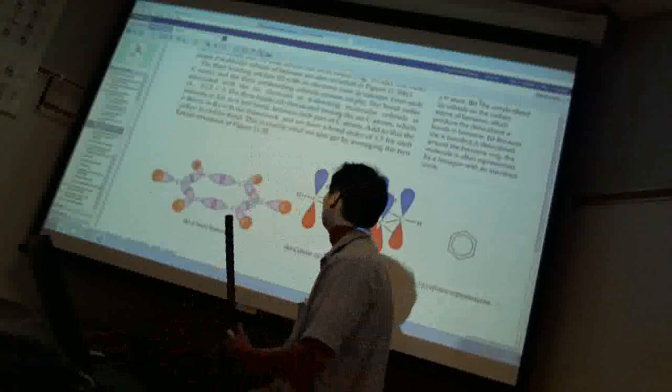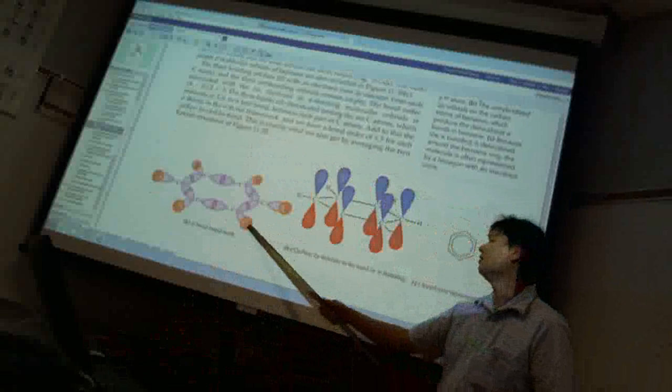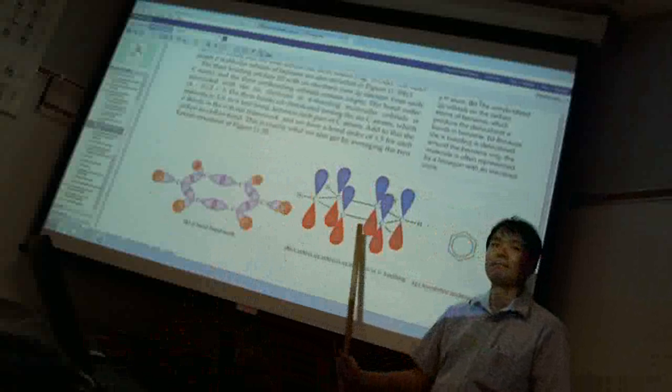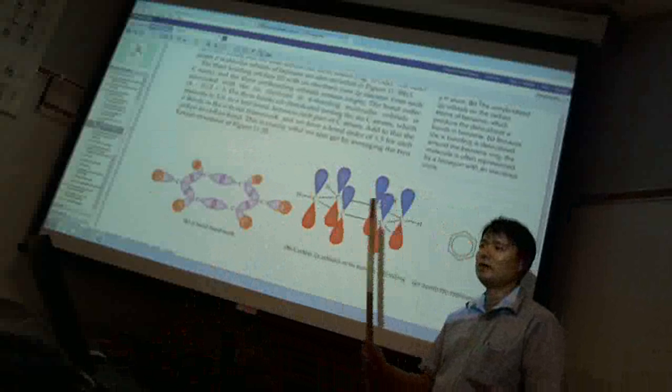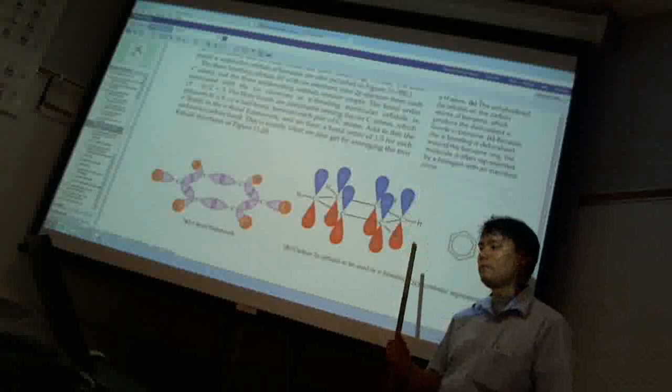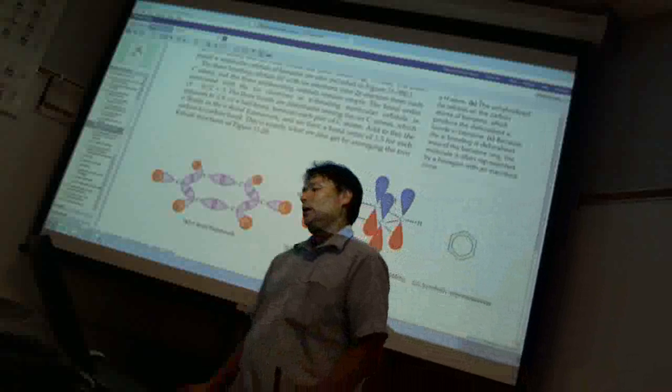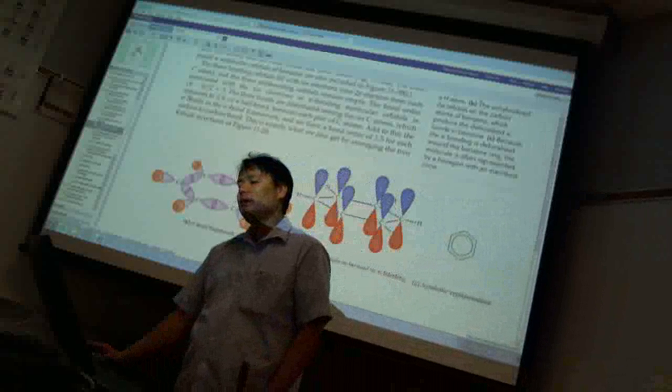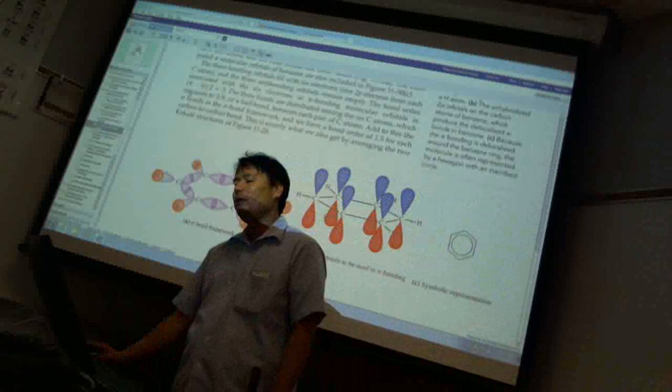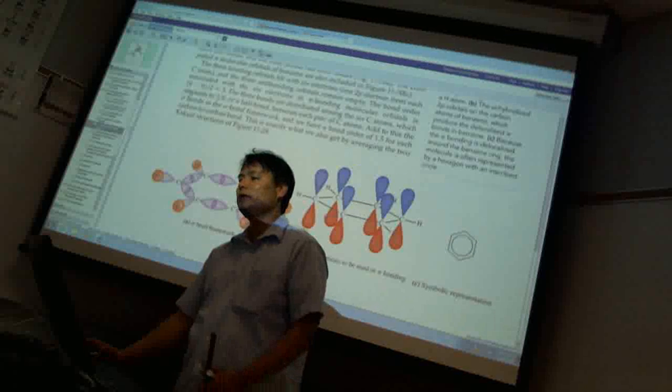Here it is. This is called what theory? This is valence bond theory, right? Valence bond theory. In molecular orbital theory, we don't have localized bonds.